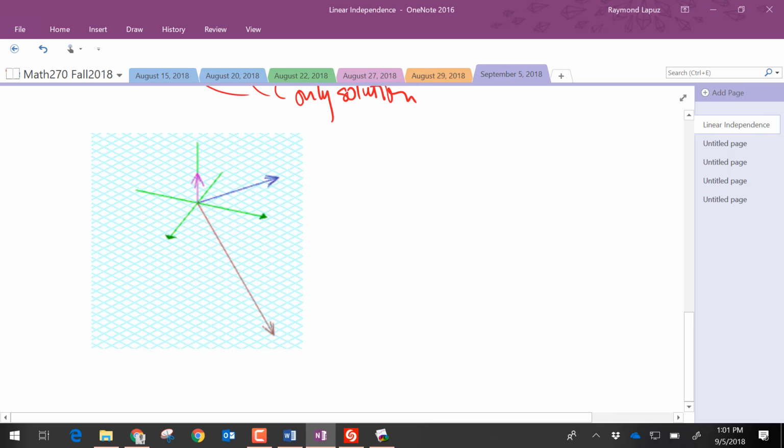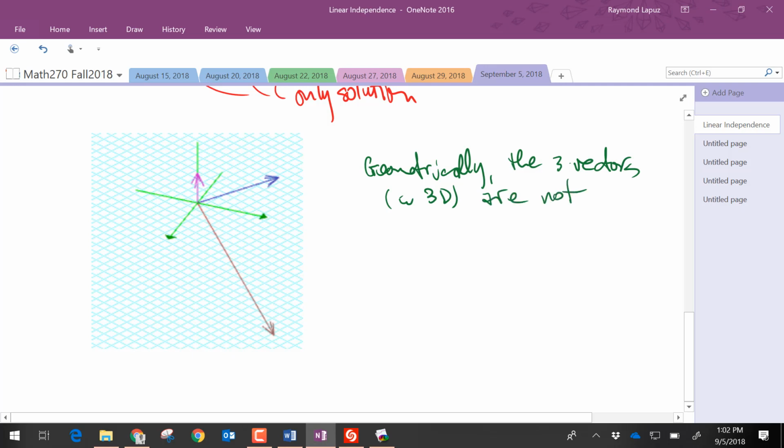So we can make a note to say that geometrically the 3 vectors, and just so we're clear, these are 3 vectors in 3D, are not collinear, not coplanar.